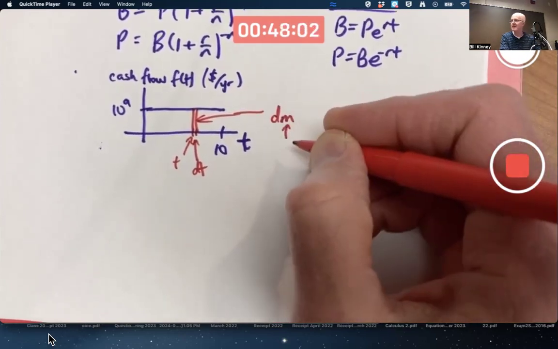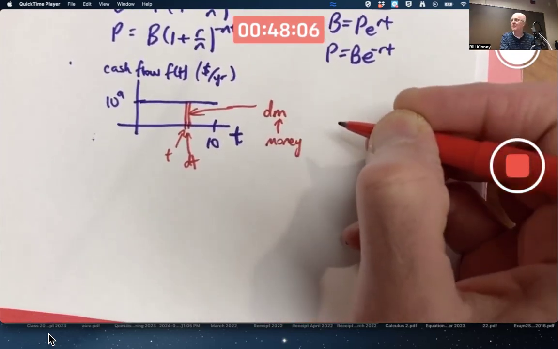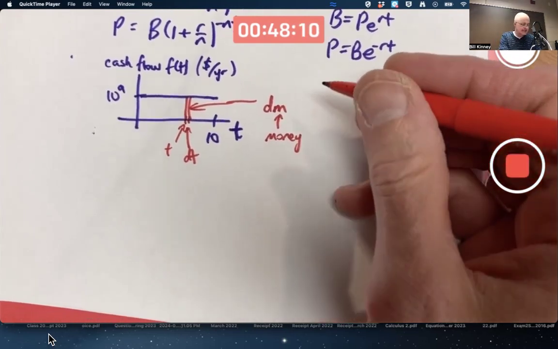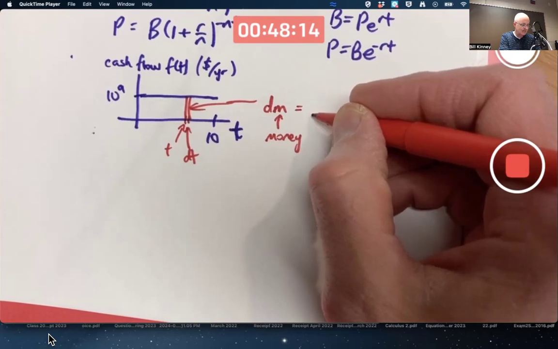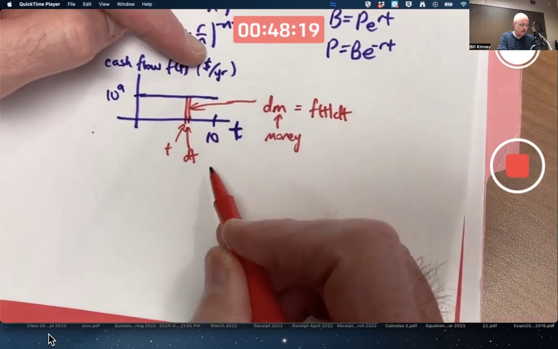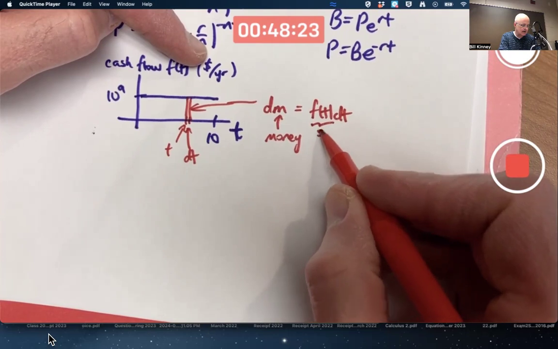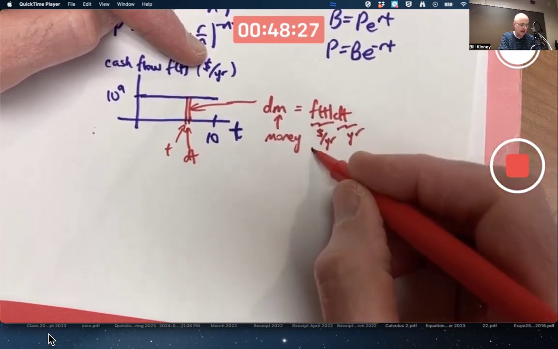M does not mean mass here, it means money. Maybe I should call it dA for amount, but that would be confusing too, because then you think it's an area. dm, the small amount of money over that small amount of time, would be f of t dt. Dollars per year is f of t. Number of years is dt. Giving you units of dollars here.